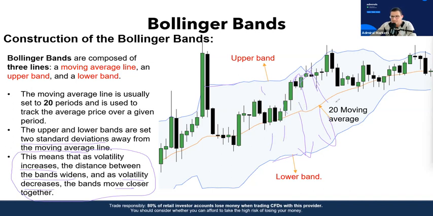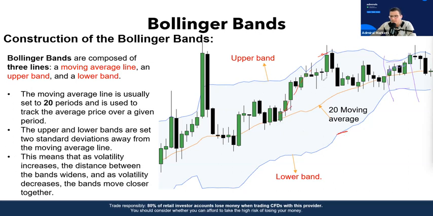I will show you some examples, but we are lucky enough to have this. Look at this area here. The price is just drifting sideways, and the bands come closer to each other. I'll change the color. Compare this to the distance between the bands as the price moves far away from the mean, from the moving average. The bands have the tendency to expand.